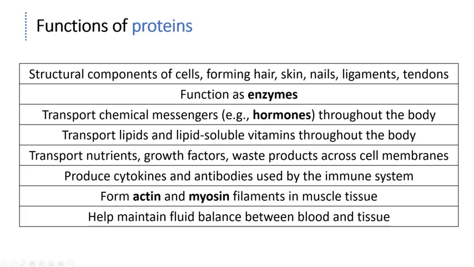And so again, these are some functions of proteins. Many of them we've talked about in previous lectures, whether it be these sets of lectures, whether it be past ones. So enzymes, remember enzymes ending in ACE, structural components of hair, skin, nails, ligaments, tendons, so think collagen in that case. Hormones, so think all the way back to our endocrine system days.